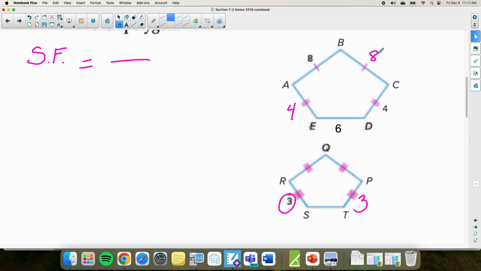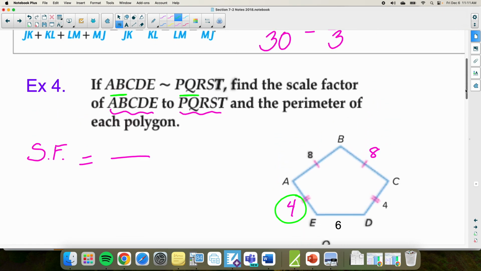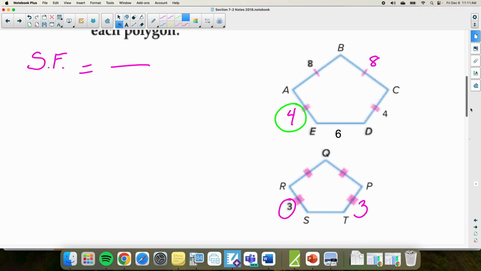So what I can do here, now that I write it like that, is I can take AE over RS. And I know that because up here, AE is the first and last, and PT is the first and last.